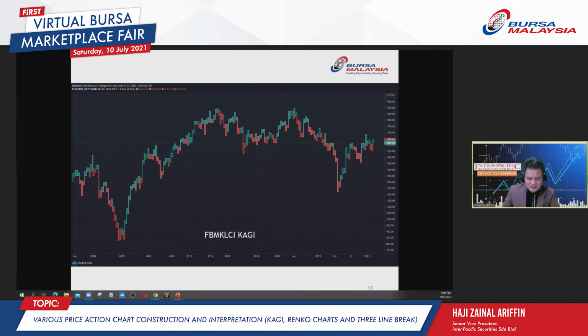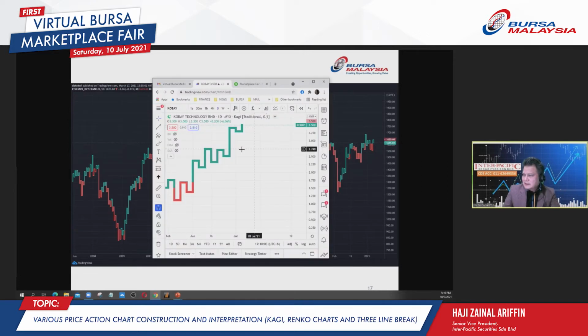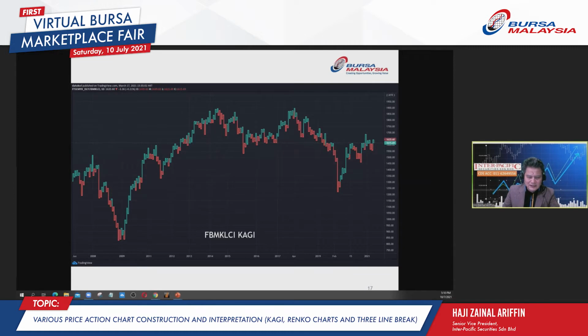Yes. Let me share with you where you can find the chart. This is how the Kagi looks in TradingView. Or you can also use, for example, Inter-Pacific Securities, where I am from. Not only Inter-Pacific Securities, most of the screeners and charts have this available.